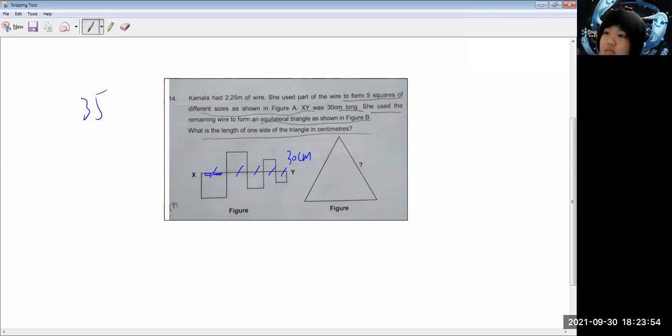So basically you have 1, 2, 3, 4, 5. So basically, if this is the one you're talking about, you have 3 more. So what I'm trying to say is you can deconstruct this figure.